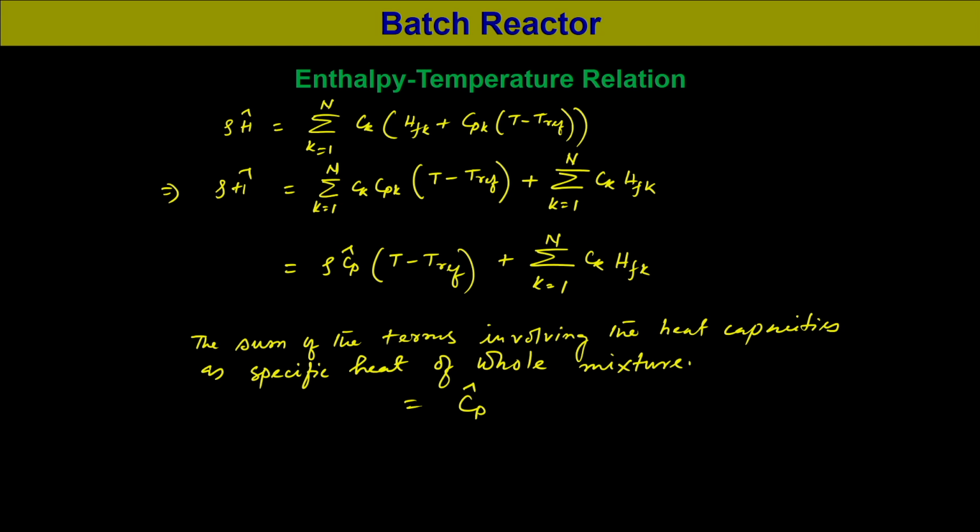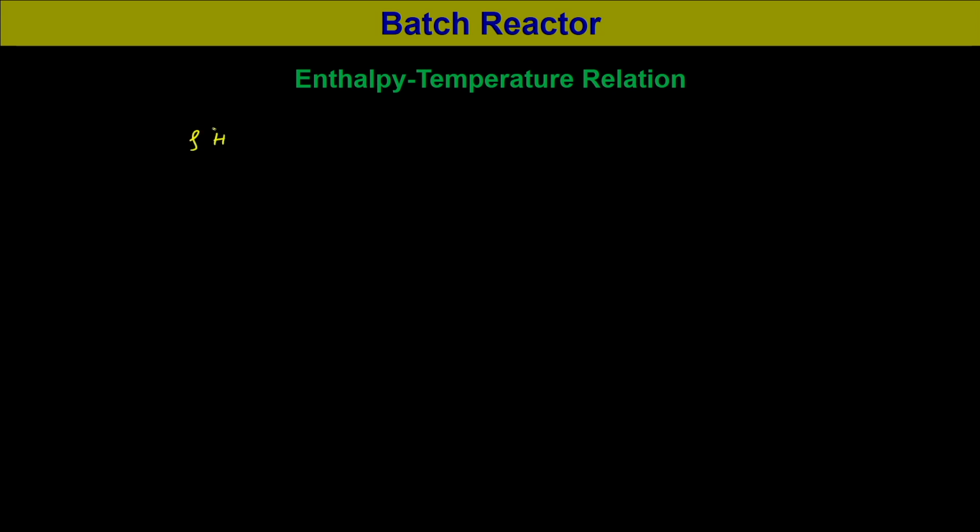So, now if we take the time derivative of this relation, we have rho H cap is equal to rho Cp cap into T minus T reference plus summation over k is equal to 1 to N of Ck H f k.